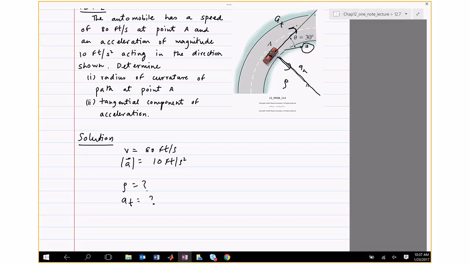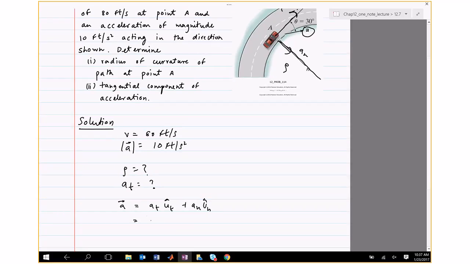So first thing I can think of is, we know what A is, right? A is AT UT plus AN UN, and that is V dot UT plus V squared divided by rho UN.